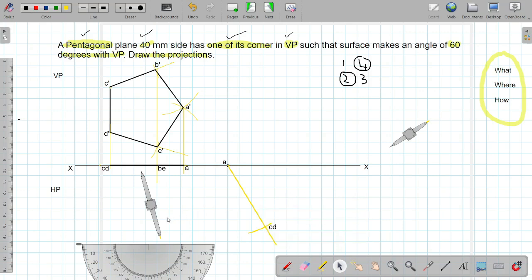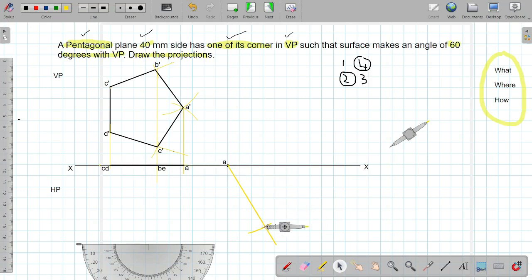Then again we have to measure the point B distance. So you can measure from A also and from CD also. I am taking from CD because of the constraint of my online compass. You can measure from A to B in your practicals.